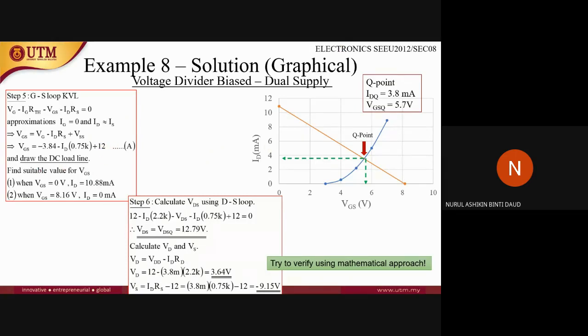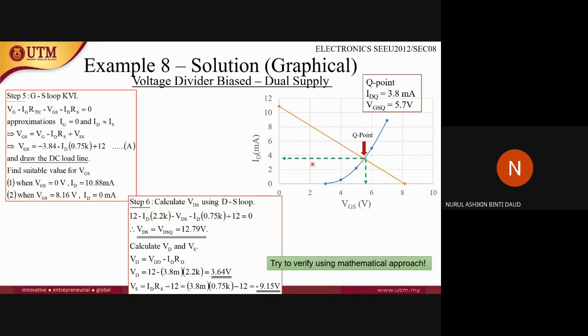All right. Using this equation, find when ID is 0, what is the value for the x-intercept, and when VGS is 0 for the y-intercept. So you will get this DC load line, and then you will get the Q point, the cross section.